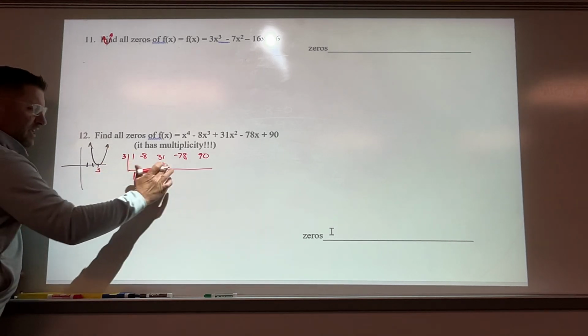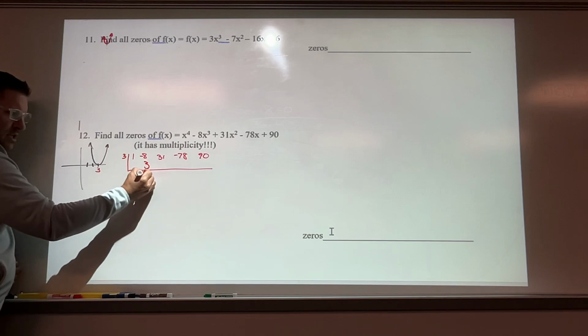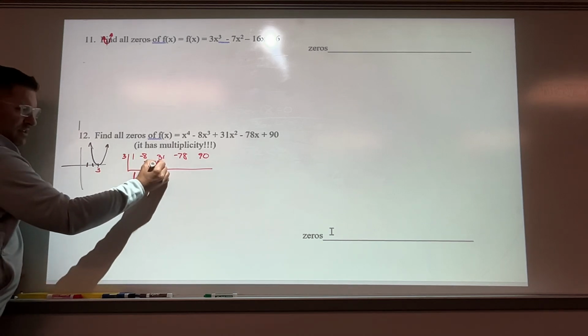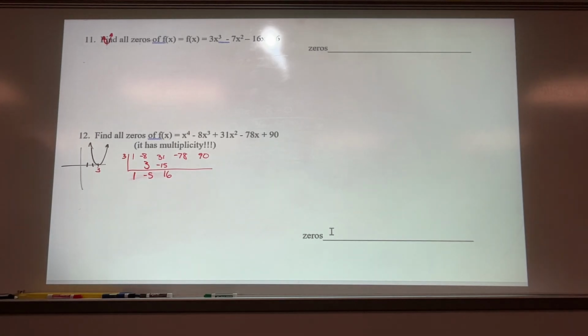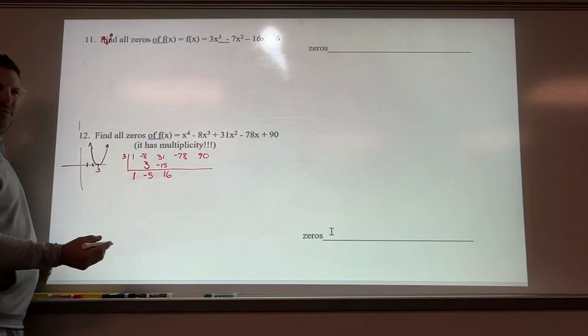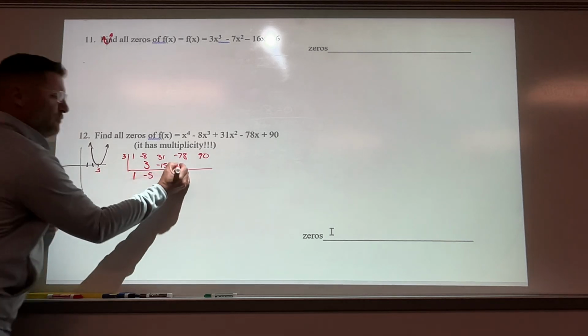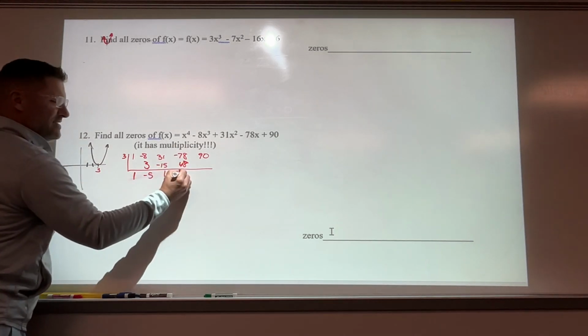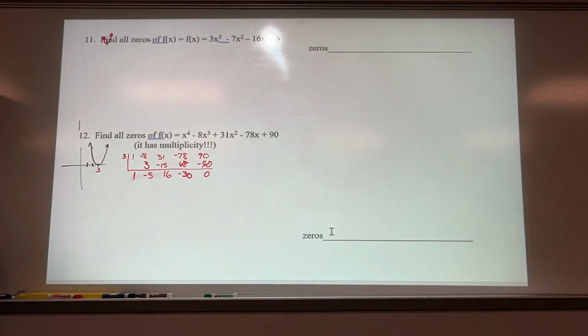Let's try this again. 1, 3, negative 5, negative 15, positive 16. 16 times 3? 48. 48, dang it. Because now that's negative 30, and now that's negative 90, and then there's my 0.